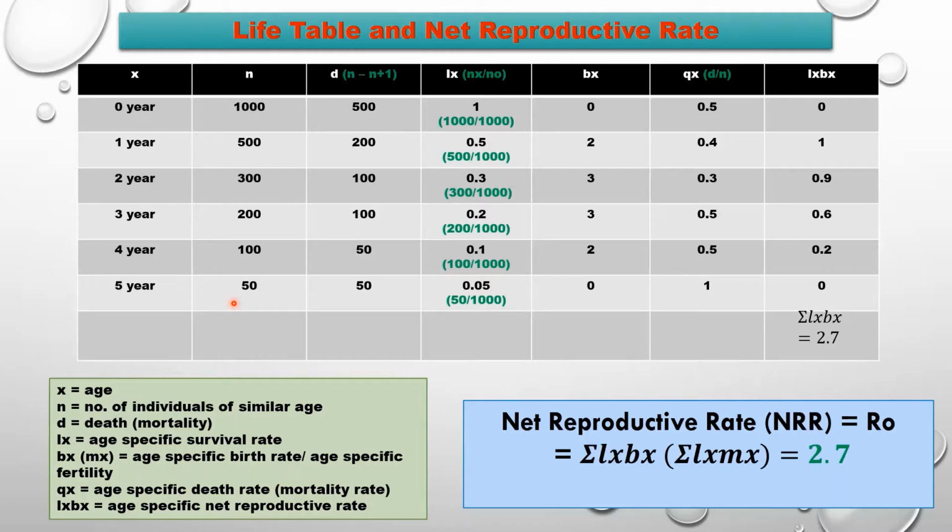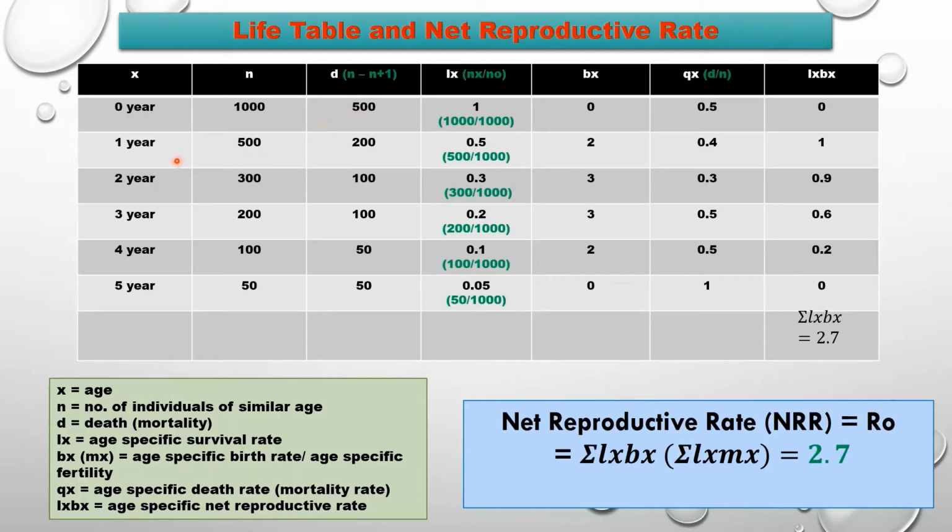Next is D. D means death. Here one equation for calculating D: n minus n plus 1. Here in 0 year, n is 1000 and n plus 1 is 500. So 1000 minus 500 is 500. So D is 500 in 0 year.